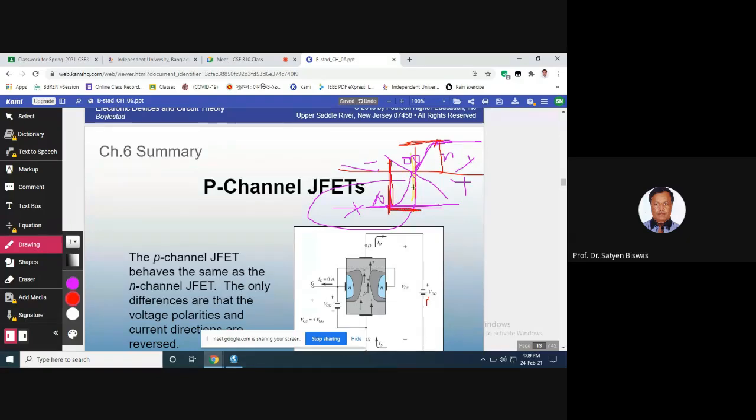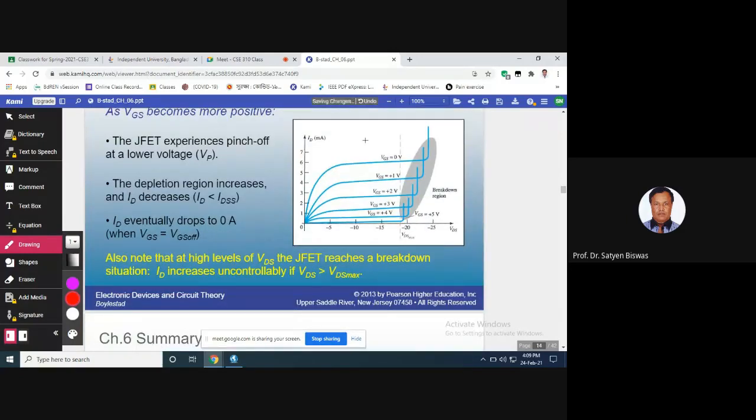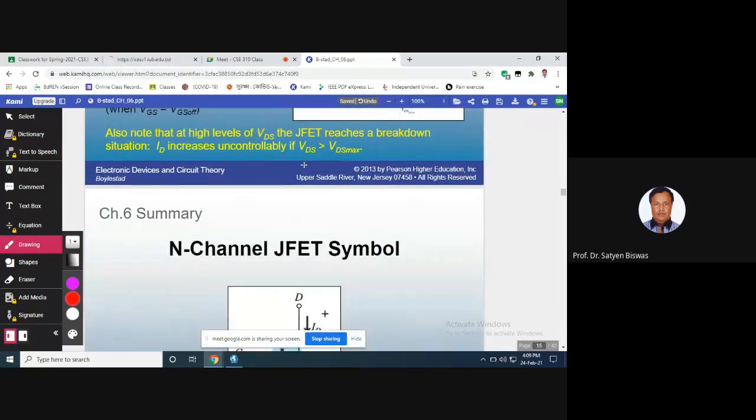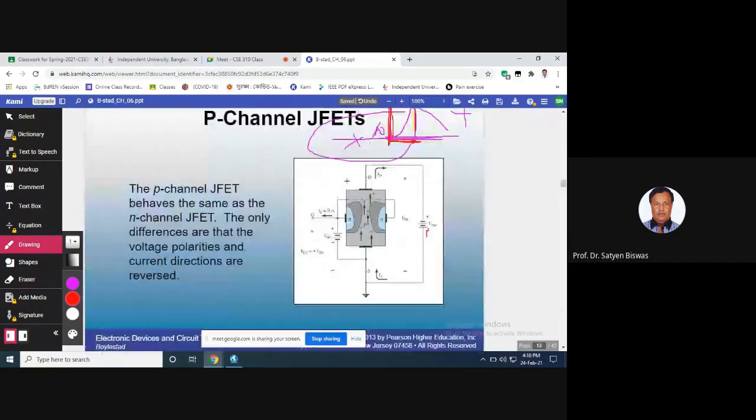And for NMOS and PMOS, it will be just opposite. We have to solve some mathematical problems, so we need it. Okay, now the symbol, right? This is a physical diagram.